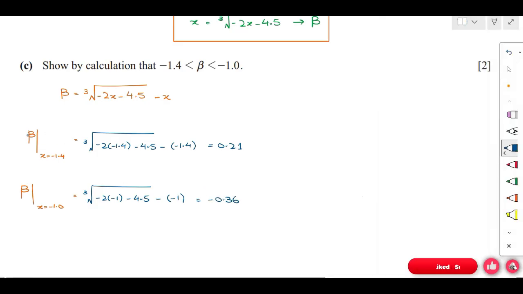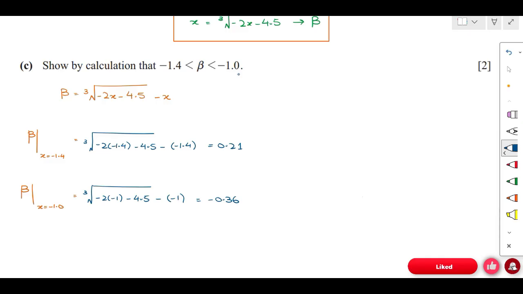Okay, so when you put x equals minus 1.4, the answer is positive, and when you put x equals minus 1, the answer is negative. So here you can see between these two values there is a sign change, positive and negative.